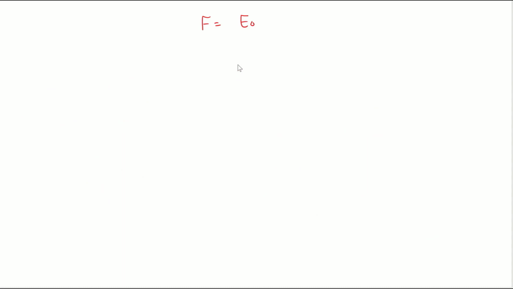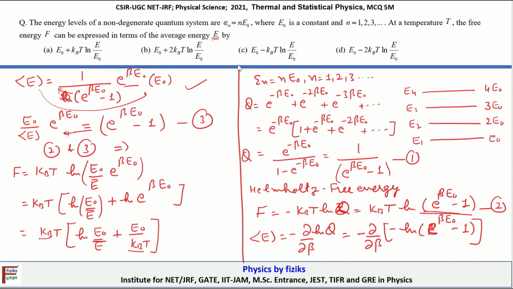So E naught and then minus kBT ln(E average upon E naught). So that's our final answer. If you compare with the options, option C is the correct one. So here's option C, this is the correct choice here.